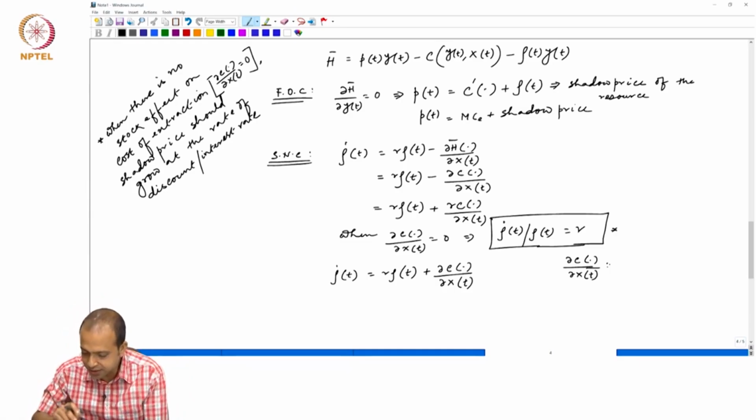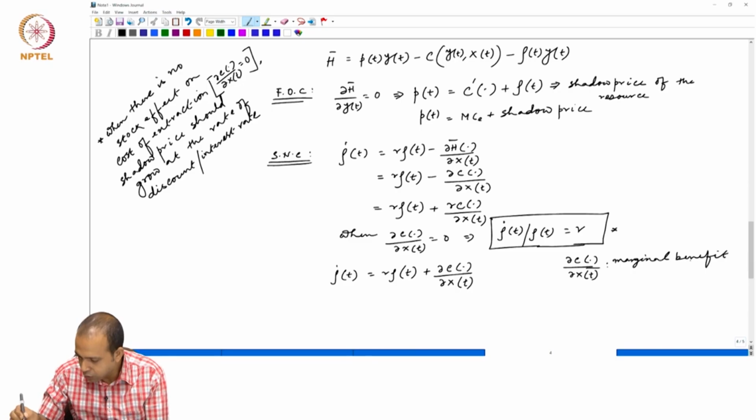So, this del C dot del xt, then we can think of as the marginal benefit of not extracting the resource today.